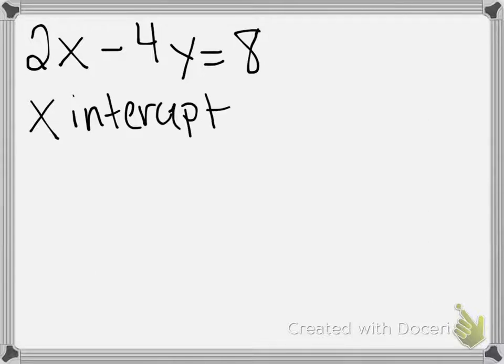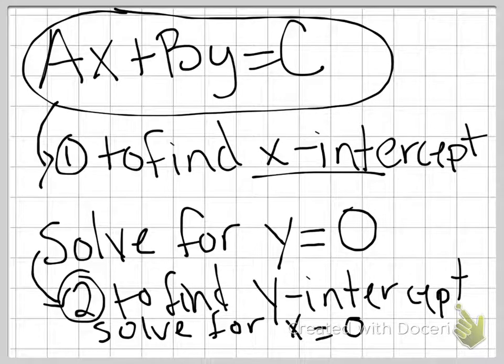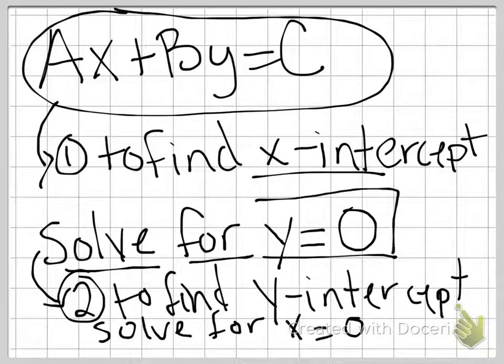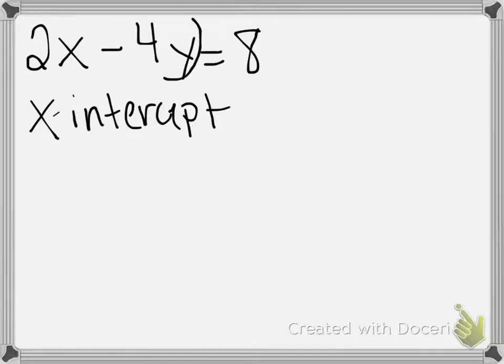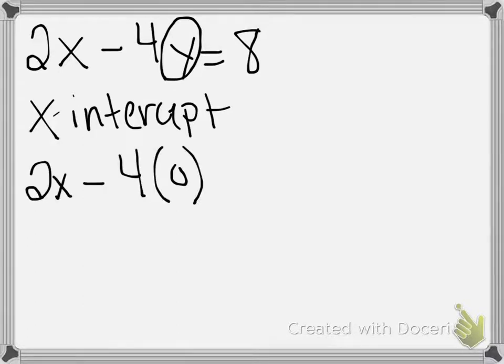So if I'm going to find the x-intercept, now remember our graphic organizer said to find the x-intercept, we're going to solve for y equals 0. So I'm going to plug in 0 for y. So I'm going to have 2x minus 4 times 0 equals 8. 4 times 0 is nothing.